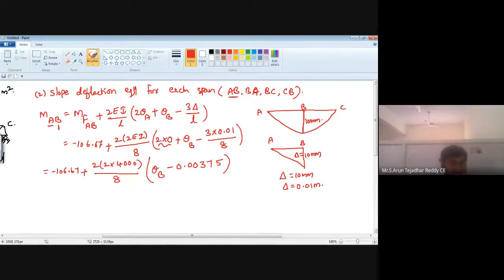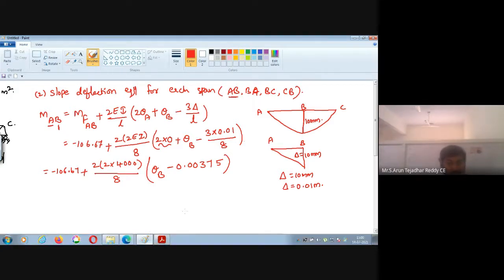Here MAB is equal to fixed end moment of given span AB, so MFAB plus 2EI by L into 2 theta A plus theta B minus 3 delta by L. This is our equation. In that, we already calculated the MFAB value, that is minus 106.67 plus 2 into the given EI value.